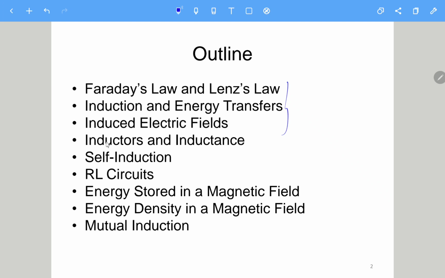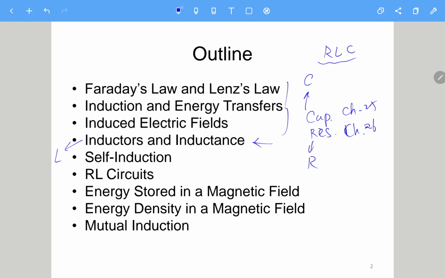Okay, and then we'll talk about the inductor and inductance, which is actually the third circuit element we learned. We already learned the capacitor in chapter 25, the resistor in chapter 26, and then here we learn about the inductor. Usually the symbols are C for the capacitor, R for the resistor, and L for the inductor, so we usually call it an RLC circuit.